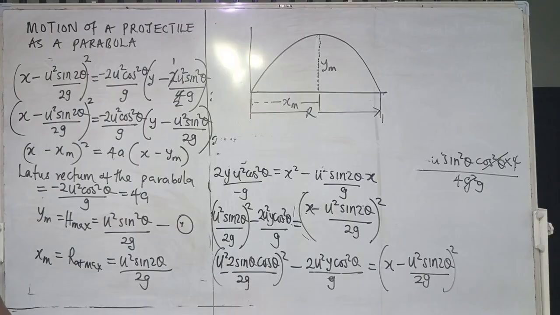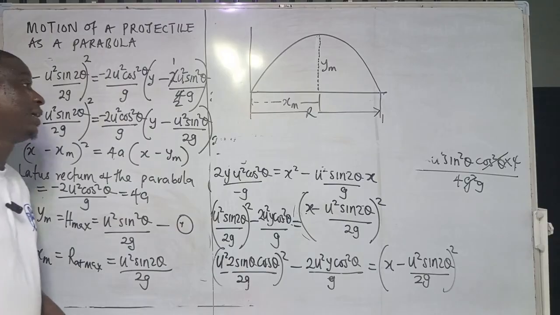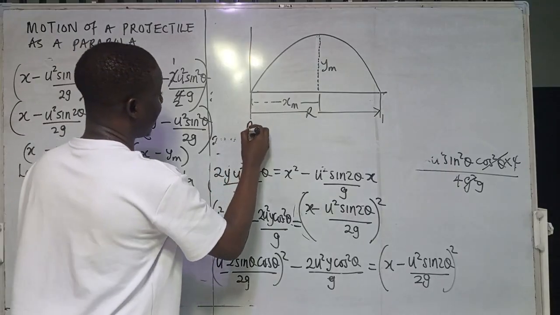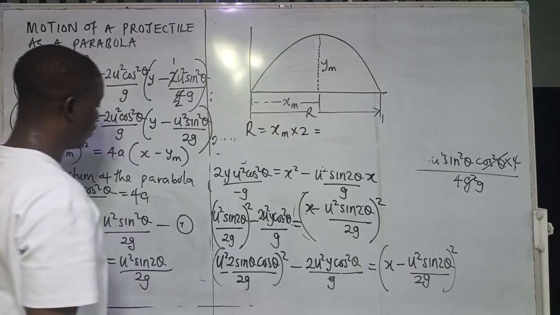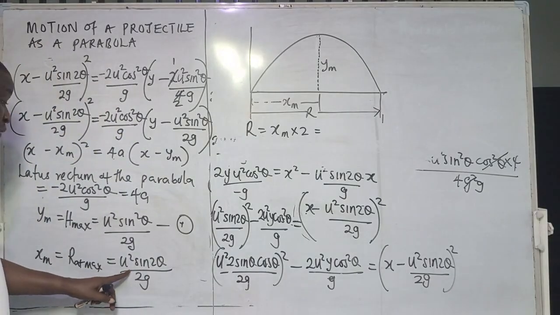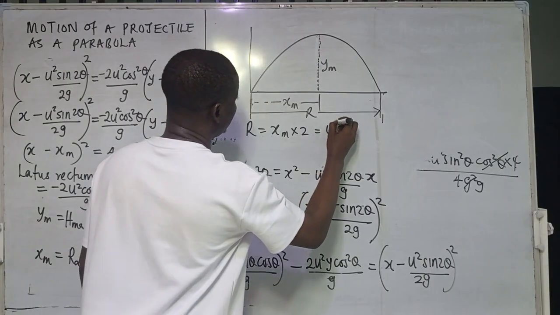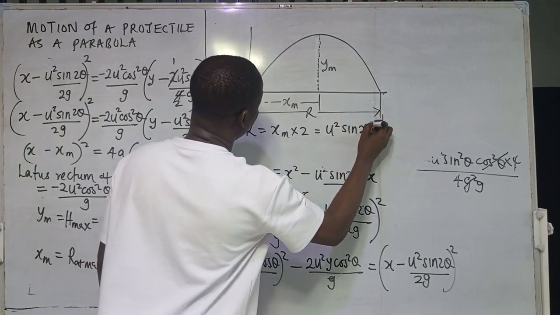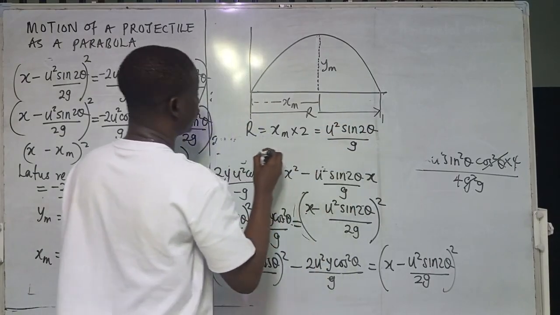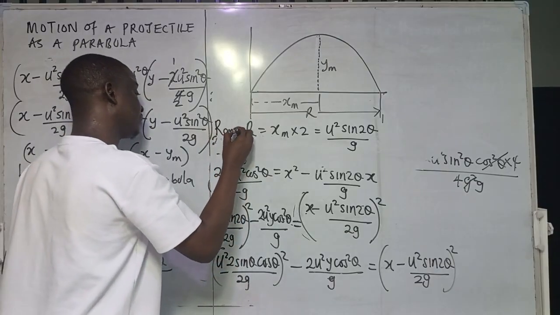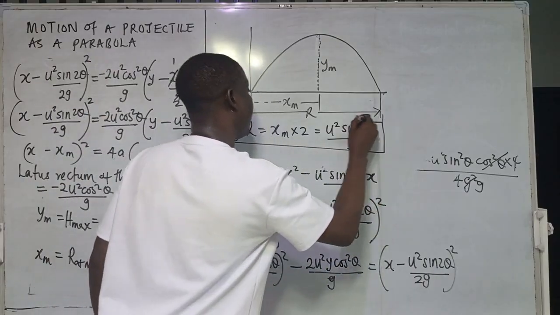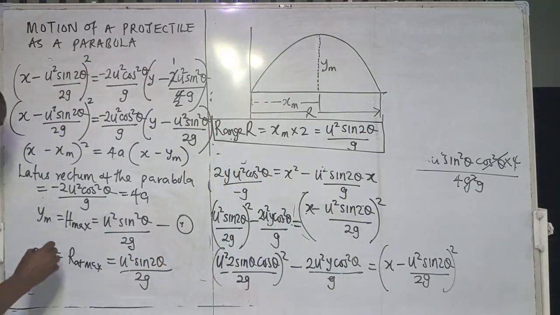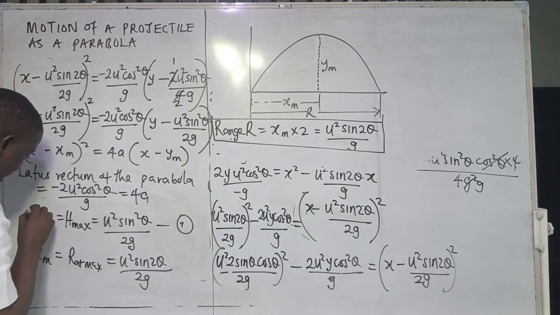So in that case, your range is equal to what? R equal to x max times 2. So if you do that, if you multiply it by 2, you are going to have u square sine 2 theta over g. So this one is your range. So this is what? Maximum height.